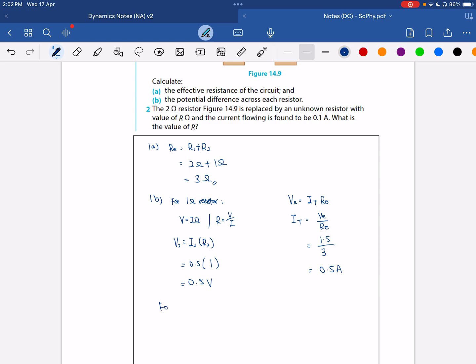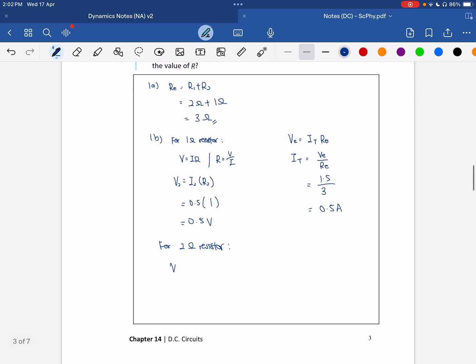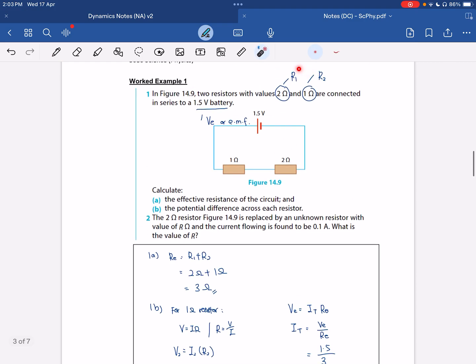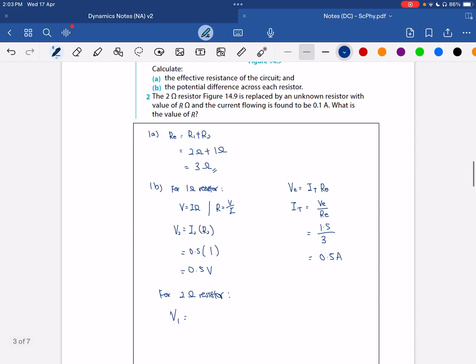Then for the 2 ohm resistor, based on what I defined here, my R1 is 2 ohms, R2 is 1 ohm.